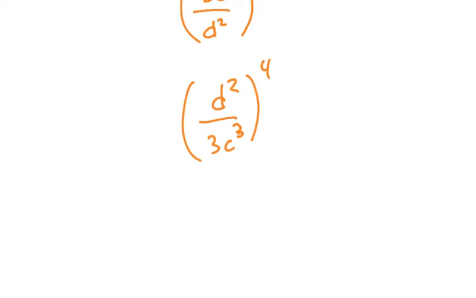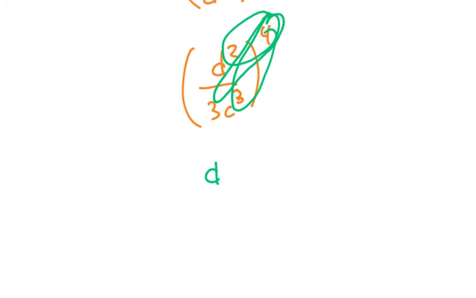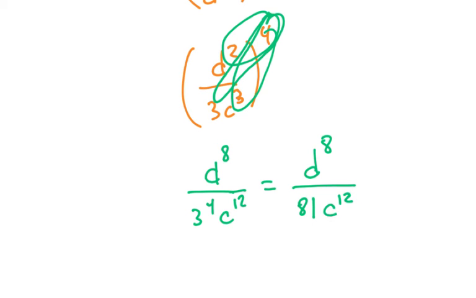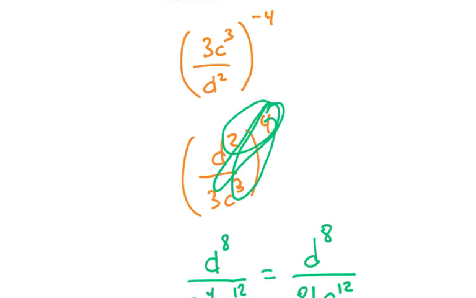And then we're going to multiply every exponent by 4. So this is going to become d to the 8, 3 to the 4th, c to the 12th, which breaks down to d to the 8th, 81, c to the 12th. And that's it. And there you have it.